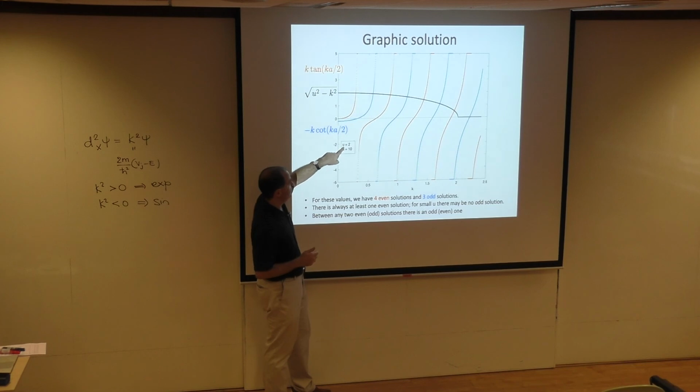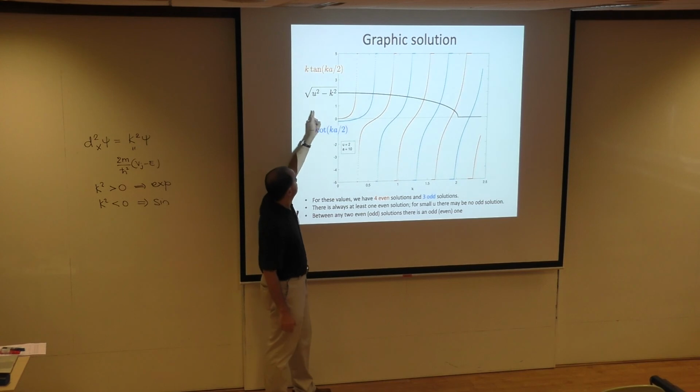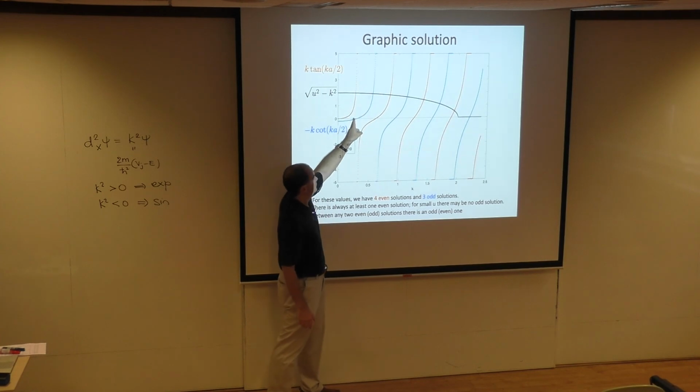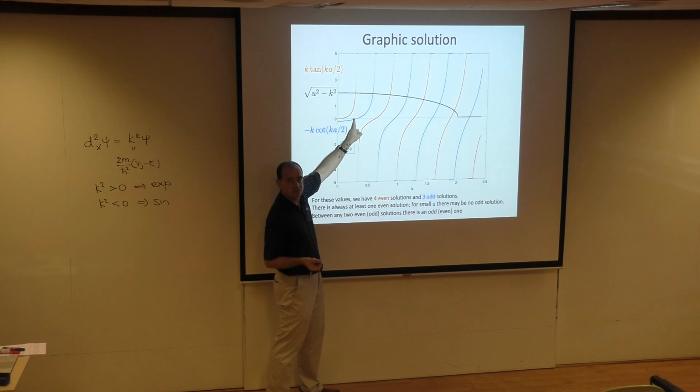Here I've taken these values, u equal 2 and a equal 10, just in some units. So we see for this choice that I've taken here, how many solutions do we have? Well, the first one is here. Here, lambda is equal to the thing above. So this value of k would be the solution. Of course, now we have to change k into an energy, but it's a trivial function.